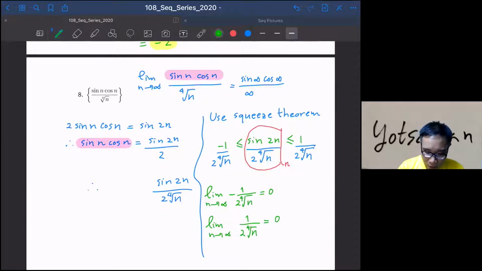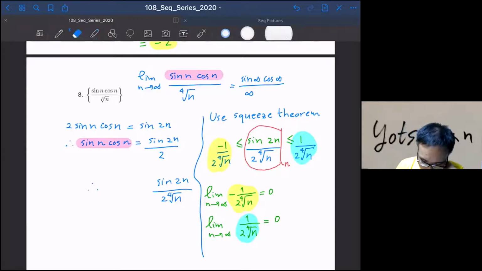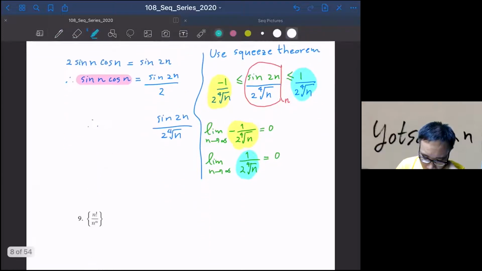So the limit of the yellow guy is equal to 0, and the limit of the blue guy is also equal to 0. So it implies that the limit of the middle guy turns out to be equal to 0. That is just the Squeeze theorem.